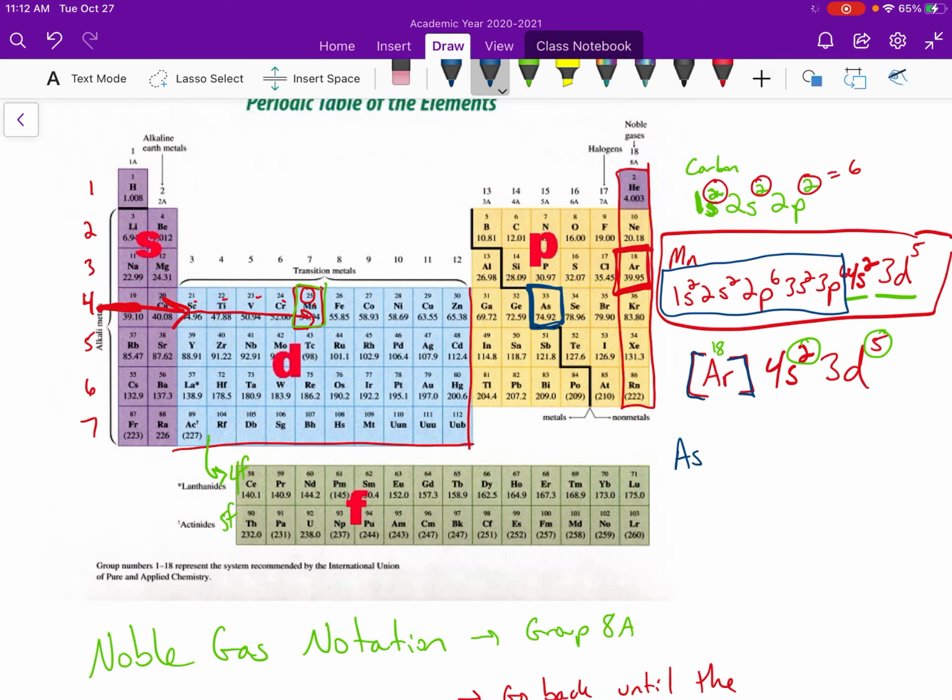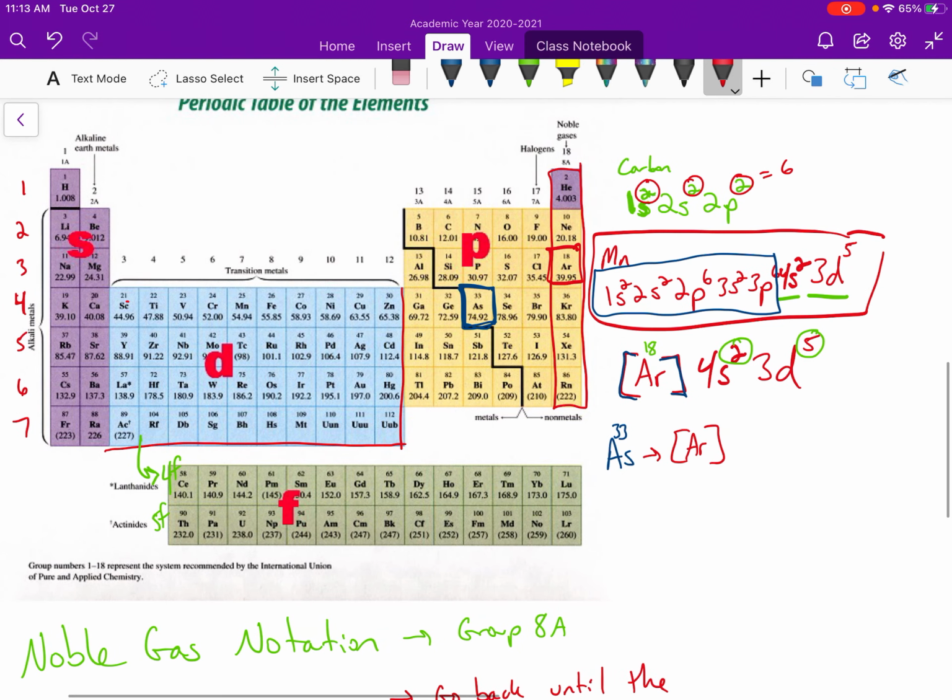Okay, arsenic, number 33. I'm going to use noble gas notation. So to figure that out, I'm going to go backwards until I hit my first noble gas. So again, we're going to start with argon. For arsenic, we're going to go argon 4s2.